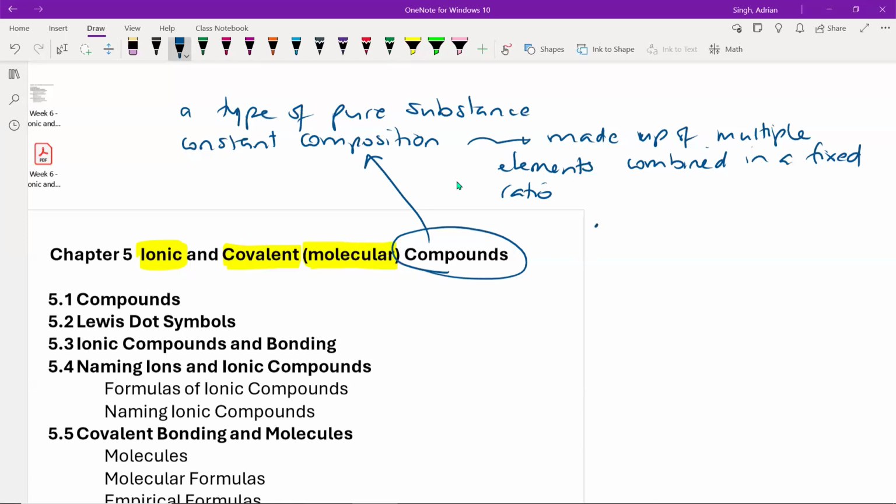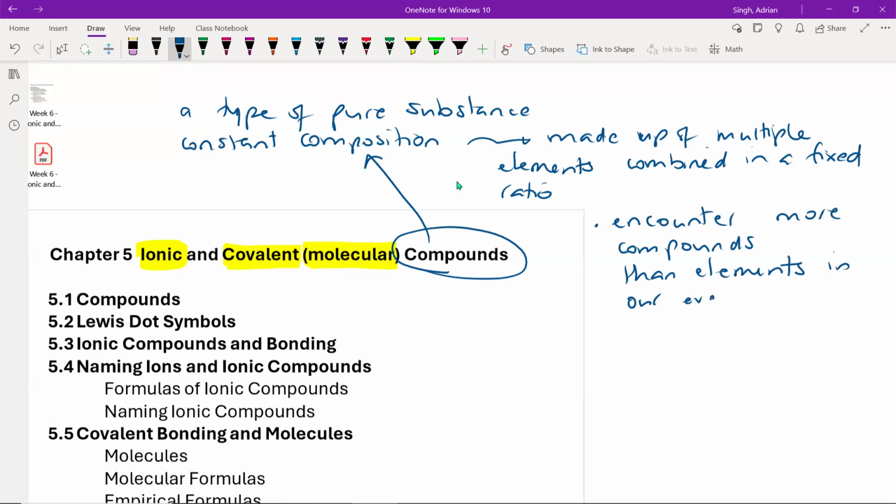We encounter more compounds than individual elements in our everyday lives, so it would make sense that this is what we want to study as we start building complexity with our chemical substances.